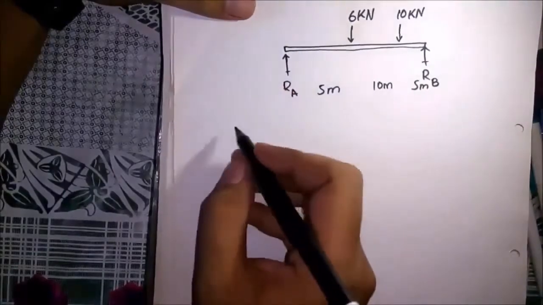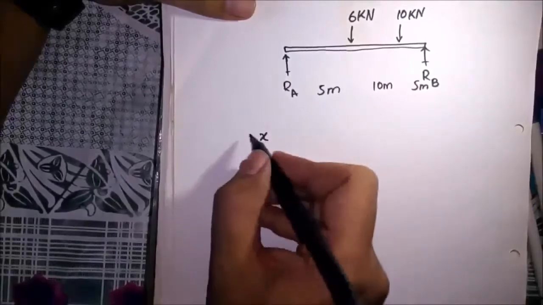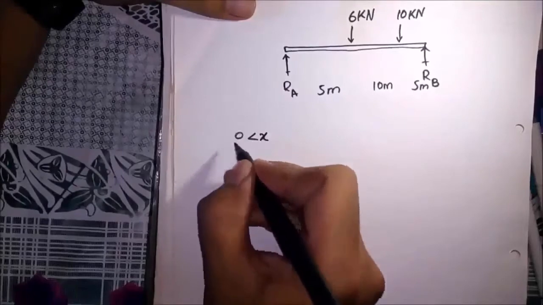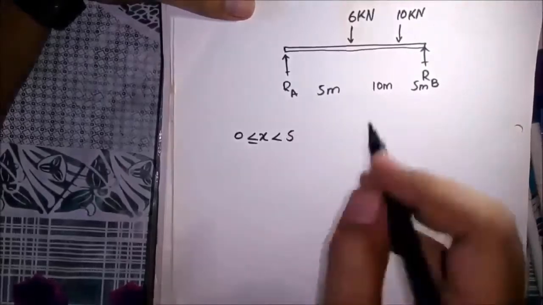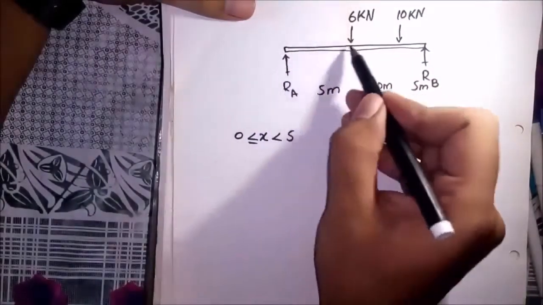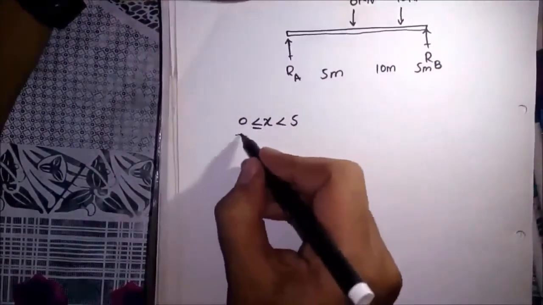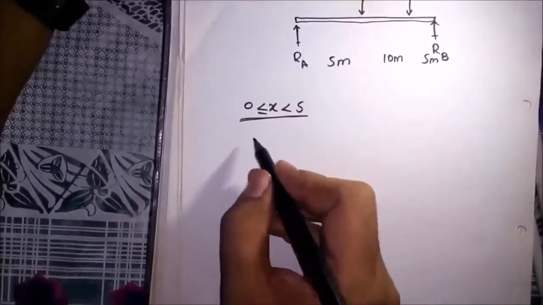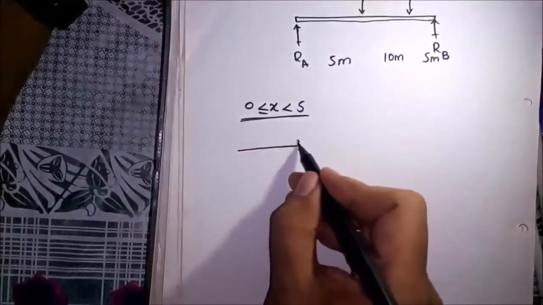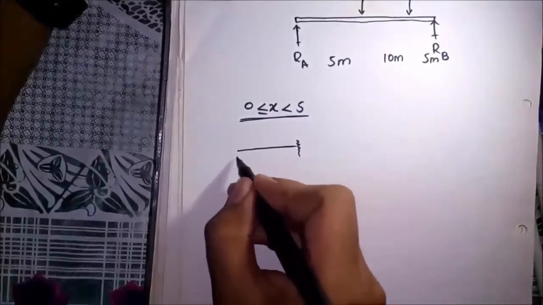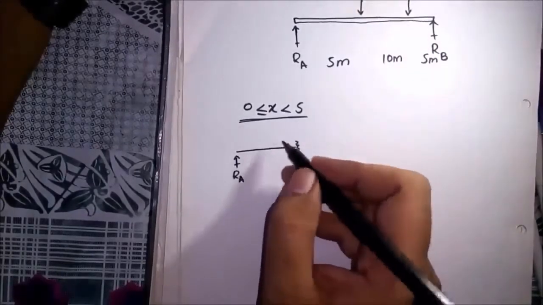We are cutting the beam at a distance x from A, for which x is greater than or equal to 0 and less than 5 meters. This means we can cut anywhere up to the point where the 6 kN force is applied.